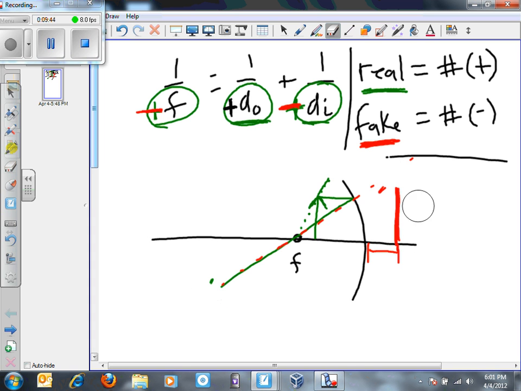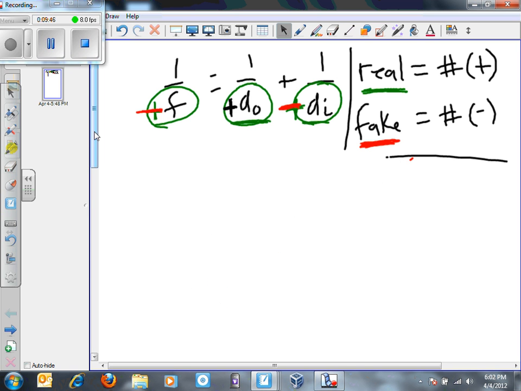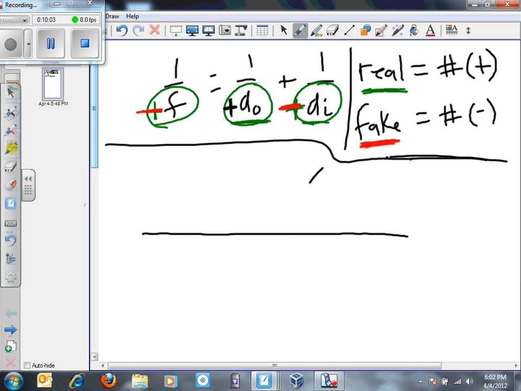Okay. Now there's one more equation that we want to talk about here. And this sign convention is not the fake and real sign convention. This sign convention is different.